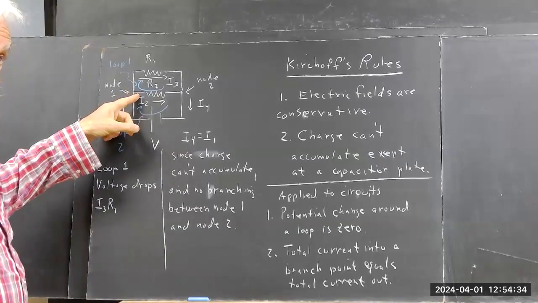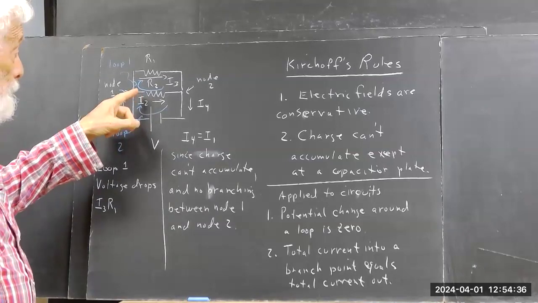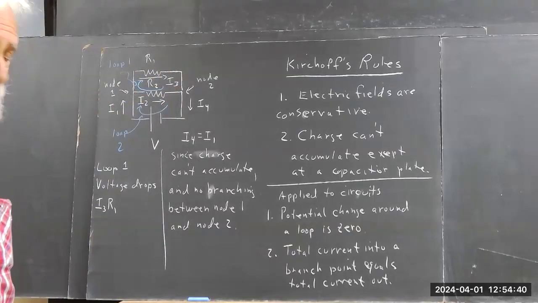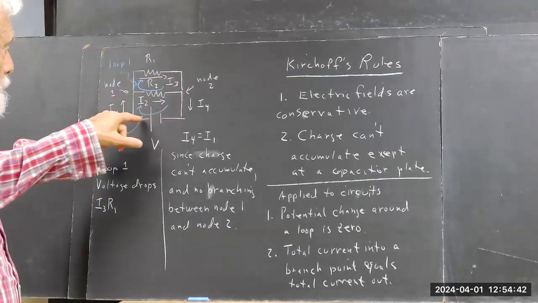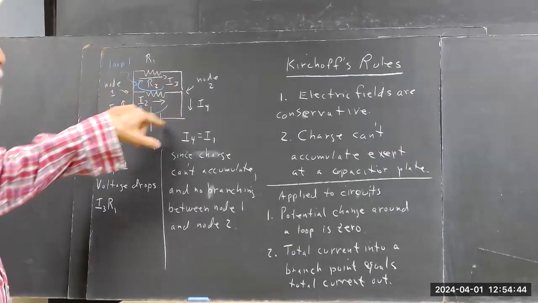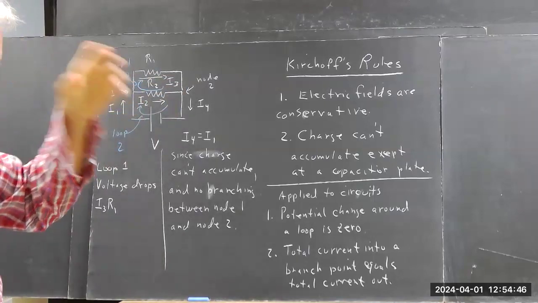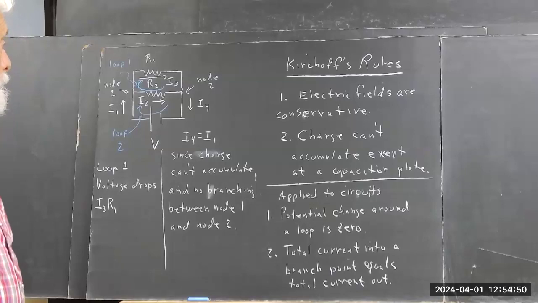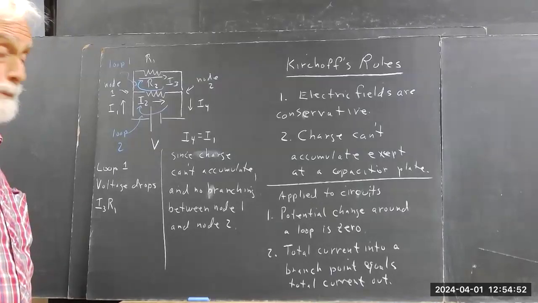So there's no potential change as we go around the loop. Same with going around this loop. From any point on the loop back to that point, the total potential change in voltage would be 0.